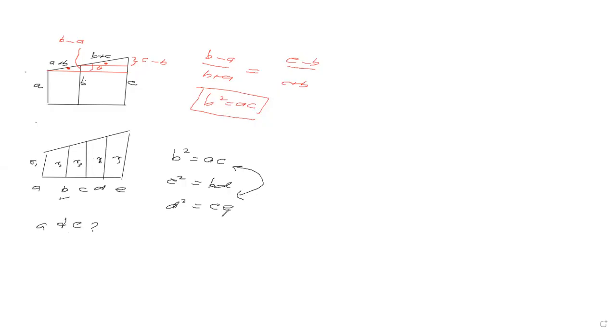So I'm going to multiply the first and the third: B squared times D squared, that's what I'm multiplying, will be equal to AC squared E. Right. And B squared we know is AC.